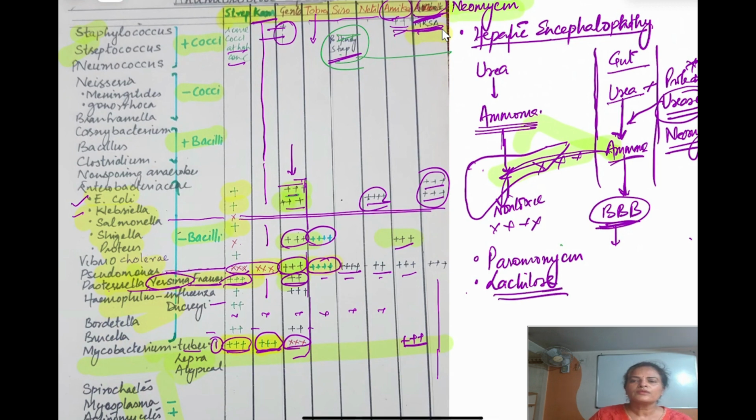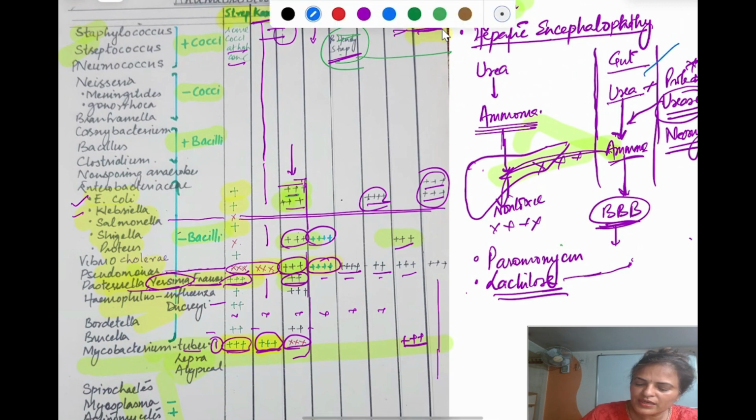Then lactulose. Now what is lactulose going to do? It is a disaccharide. Once you give it, it is broken up in the colon, and it changes the pH of the colon to acidic pH. Now if the pH is acidic, this will hamper the action of Proteus, because Proteus needs which pH? Alkaline. As the pH is acidic, it inhibits the action of the urease producing microorganism, Proteus.